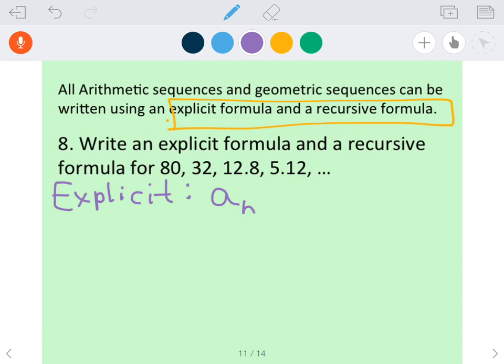You would have a sub n equals 80, because that's your first term, times what is happening here. Well, if you take the 32 over 80 and simplify it down, it will simplify to 2/5. So you have the common ratio of 2/5 to the n minus 1.